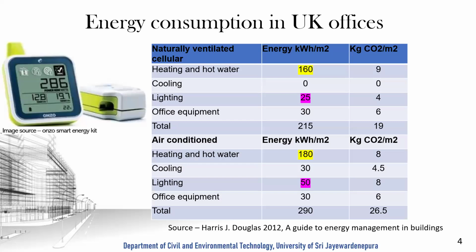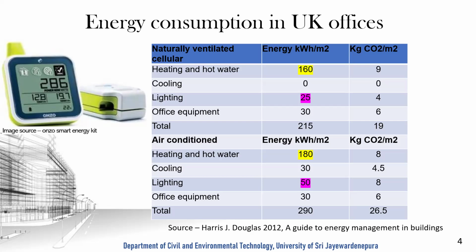So this is a comparison of energy consumed. This is for a UK office, which I got from the uploaded reference book. You can see the main difference: the first view is for a naturally ventilated office.